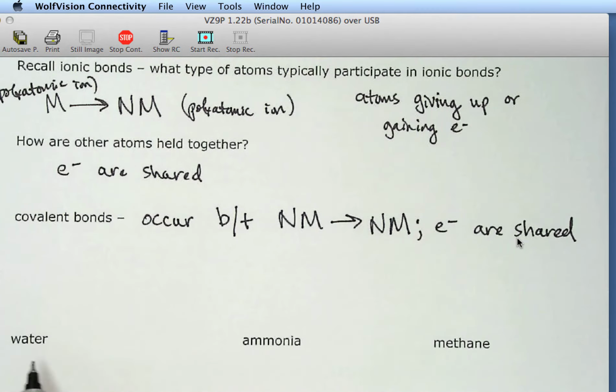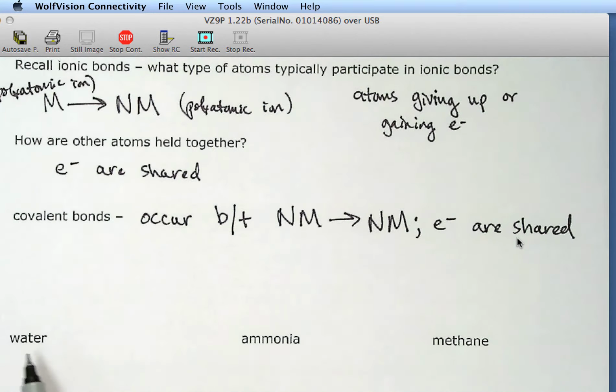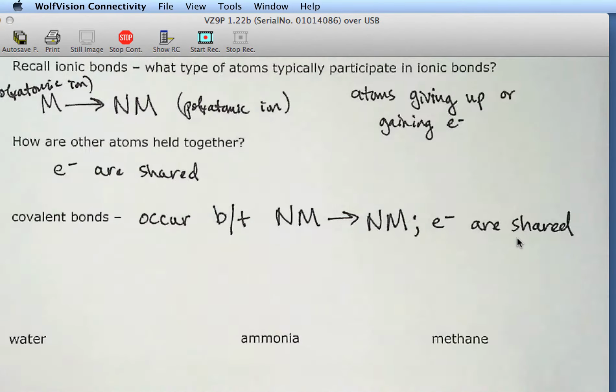The following are examples of covalent bonding. When something bonds via covalent bonds, instead of a compound, one unit of it is called a molecule. So electrons are shared.